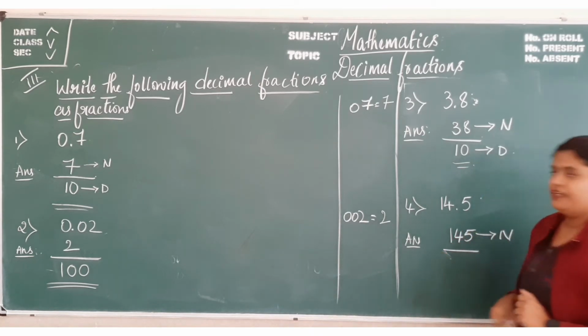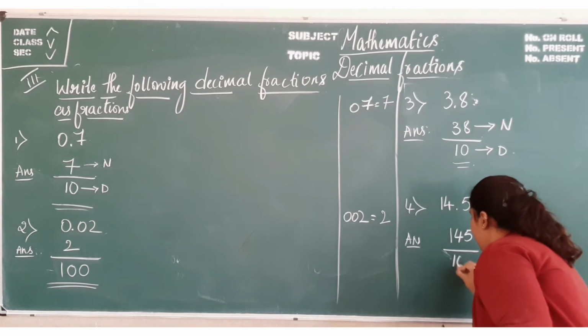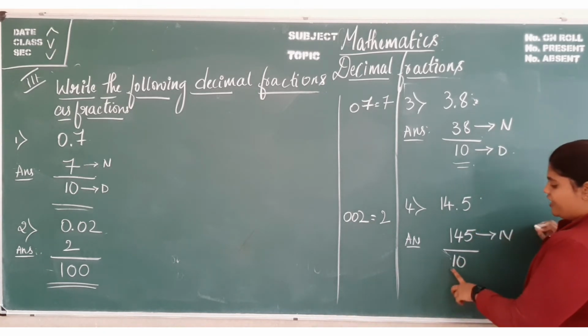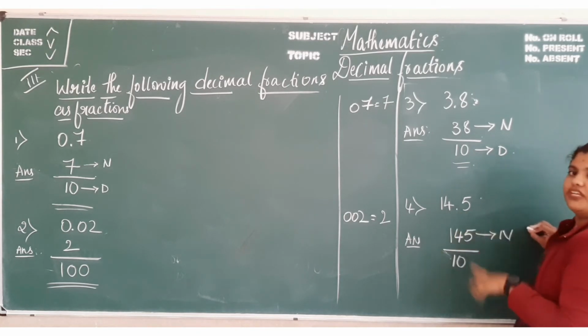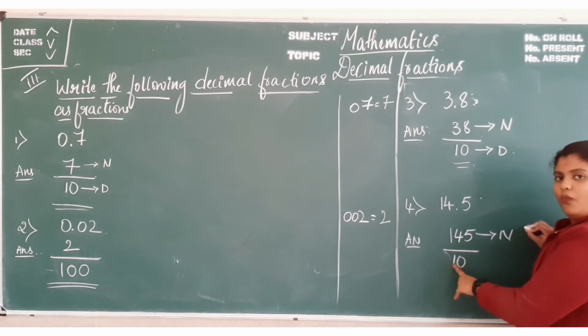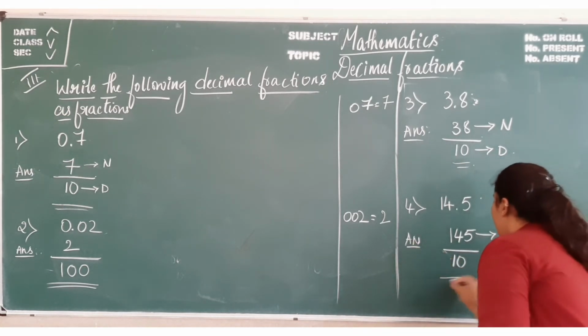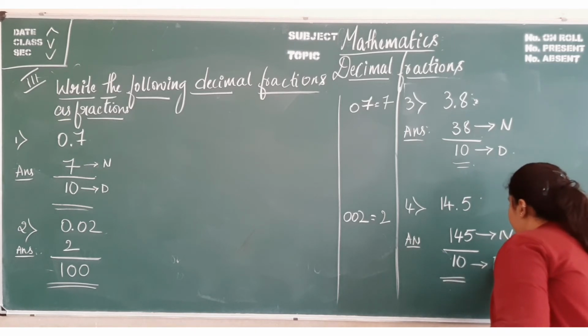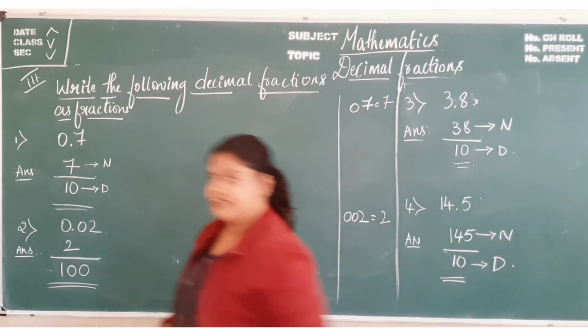But what is denominator? Very good, very good. So it is 10. Because I should count the number of digits after the decimal point. Since we have only one digit, I wrote 1 followed by 0, which is nothing but 10. So answer is 145 divided by 10. Okay. Hope it is clear? Yes.